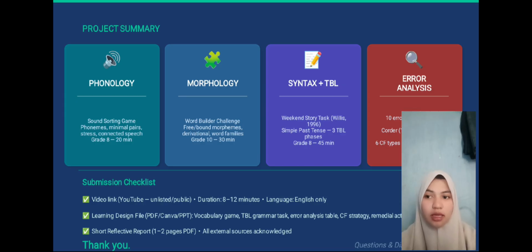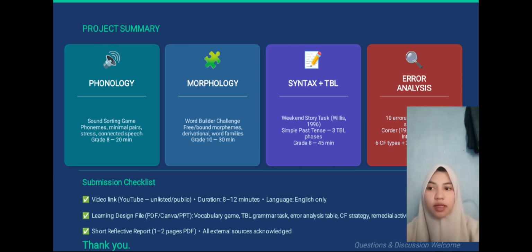And syntax is the study of how words are combined to form grammatical sentences. Error analysis is a methodology developed to systematically identify, classify, and explain errors.